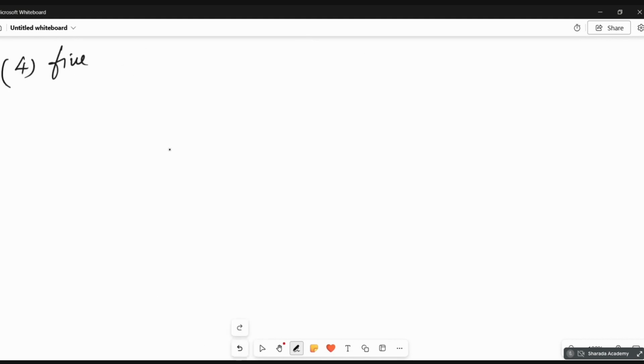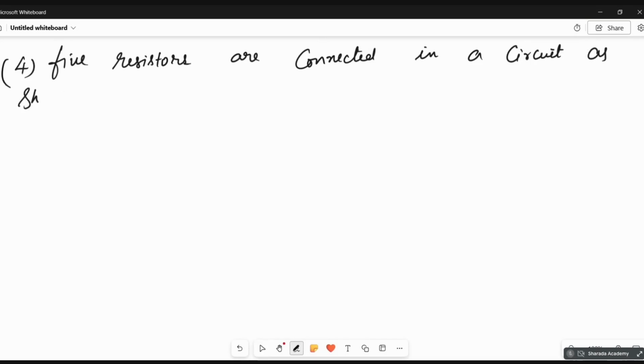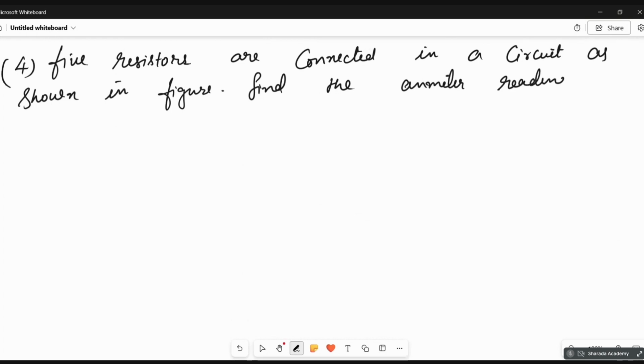5 resistors are connected in a circuit as shown in the figure. Find the ammeter reading when the circuit is closed.